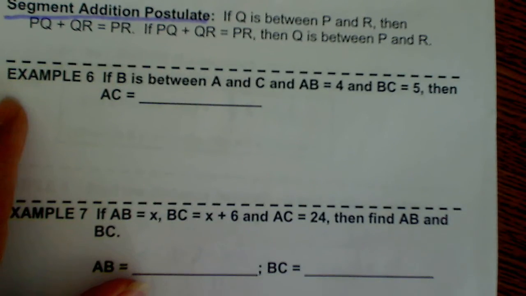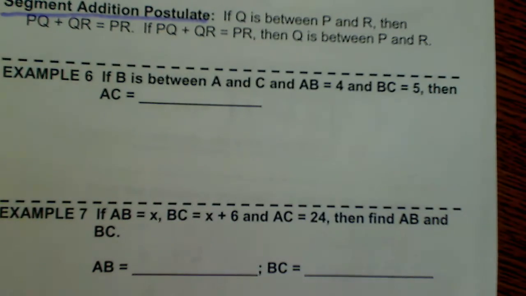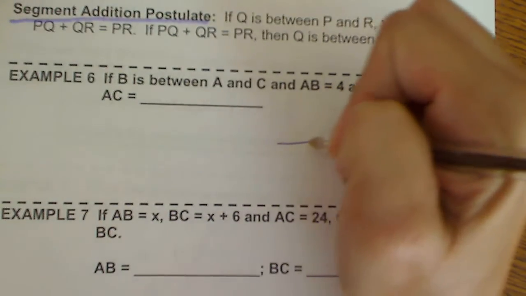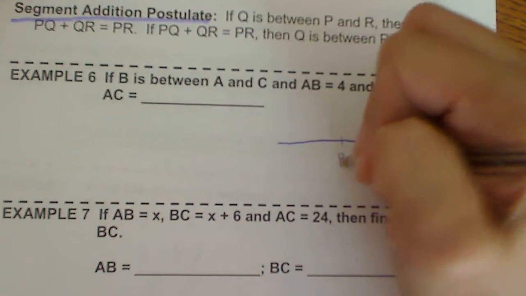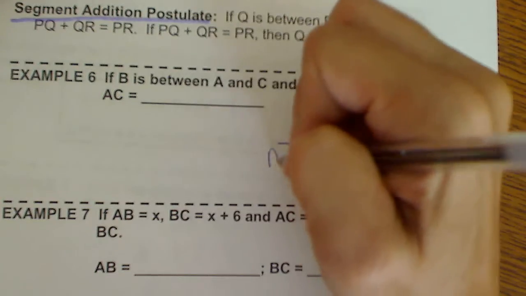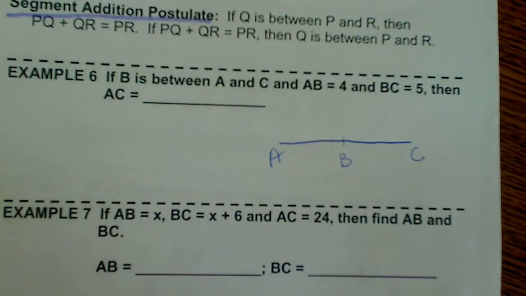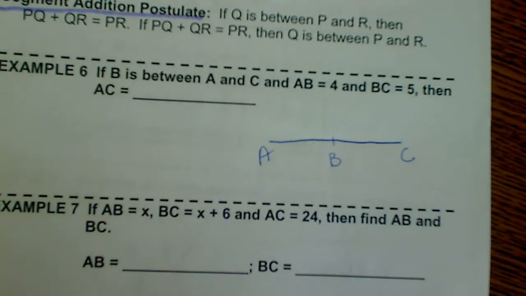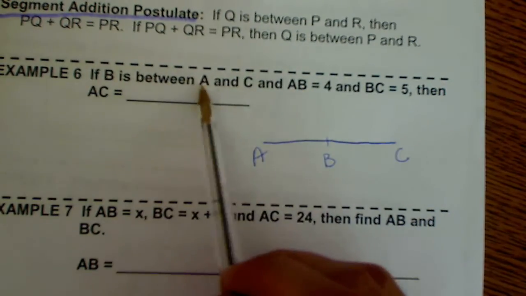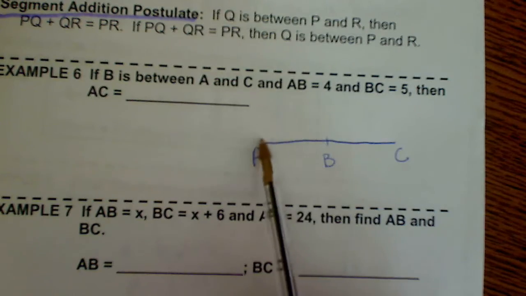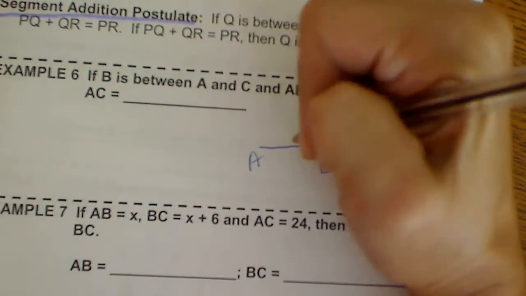In example 6, it says if B is between A and C, so draw a line. B is somewhere in the middle. You can just put it wherever you want in the middle. It doesn't say it's directly in the middle, it just says it's between those two, right? So it's between A and C, and AB, from A to B, is 4 units.